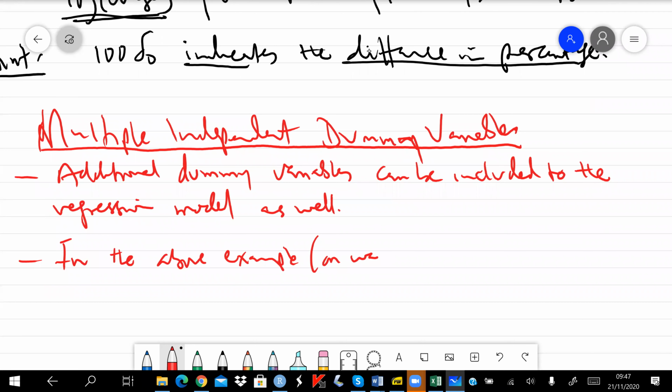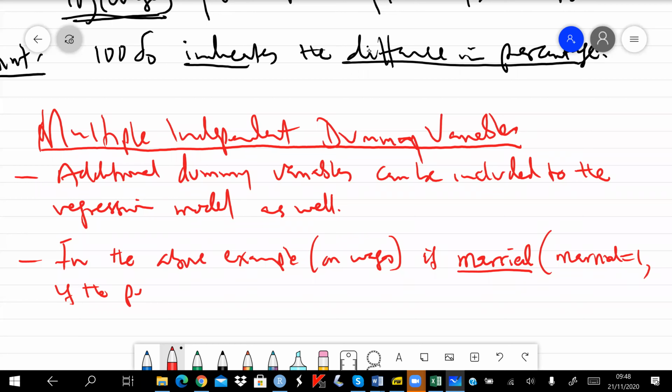Okay, then we can say in the wages example, in the above example on wages, we can have another variable here called a dummy variable called married, which takes the value 1 if the person is married, and 0 otherwise.